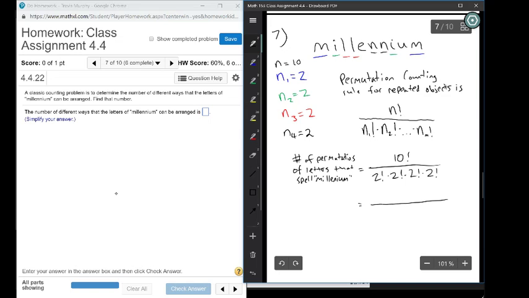Which is 10 times 9 times 8 times 7 times 6 times 5 times 4 times 3 times 2. And then 2 factorial is just 2, so 2 times 2 times 2 times 2.